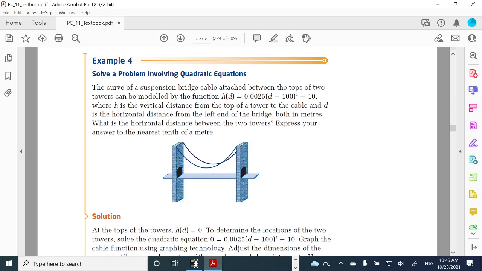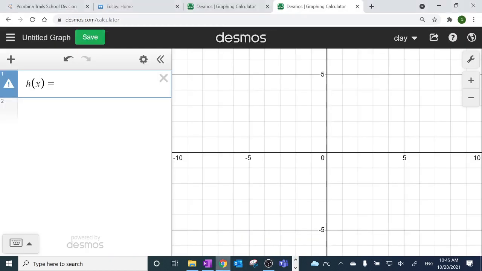So 0.0025. I'm going to punch in 0.0025 and then open a bracket, and then it was X, and was it minus 100 or plus 100? Thank you. Minus 100 squared. How do you get to squared? Well, hang on a sec. Get on the other side of this bracket first. Maybe end the bracket.